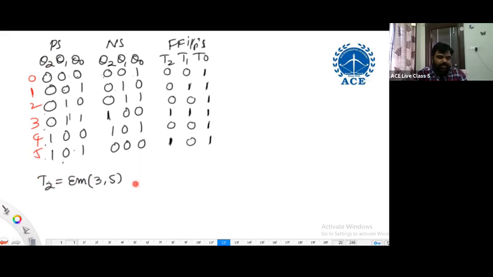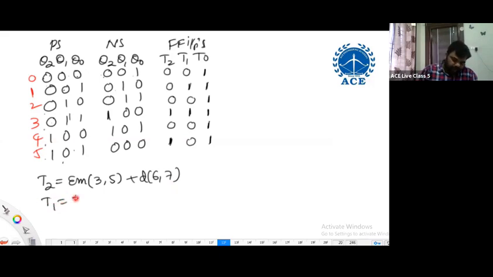But what about 6 and 7? Those are unused states. Assuming 110 and 111 never occur in this counter, they can be considered as don't cares.